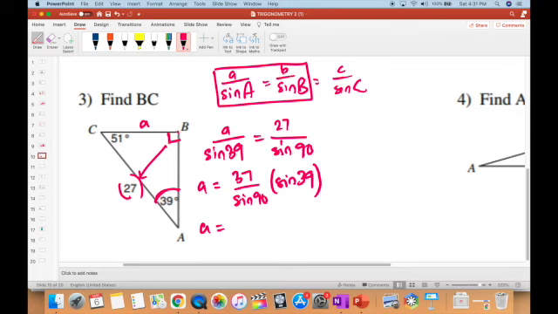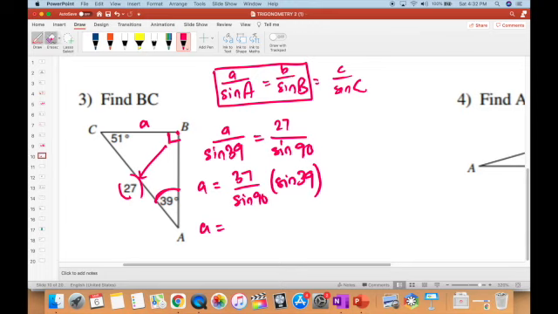This is B. So this is the side B. This is A, and this is the side A. Or maybe it is that you can't use the sine rule because it's a 90 degree angle. The sine of this is 1.